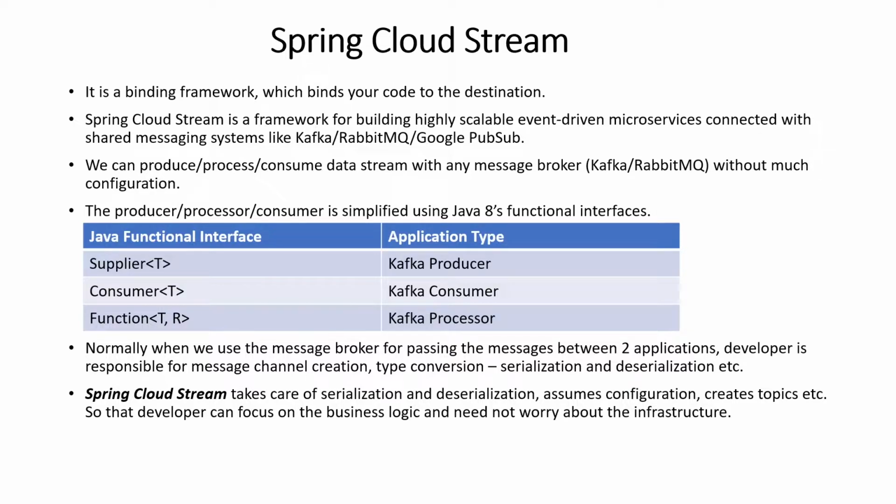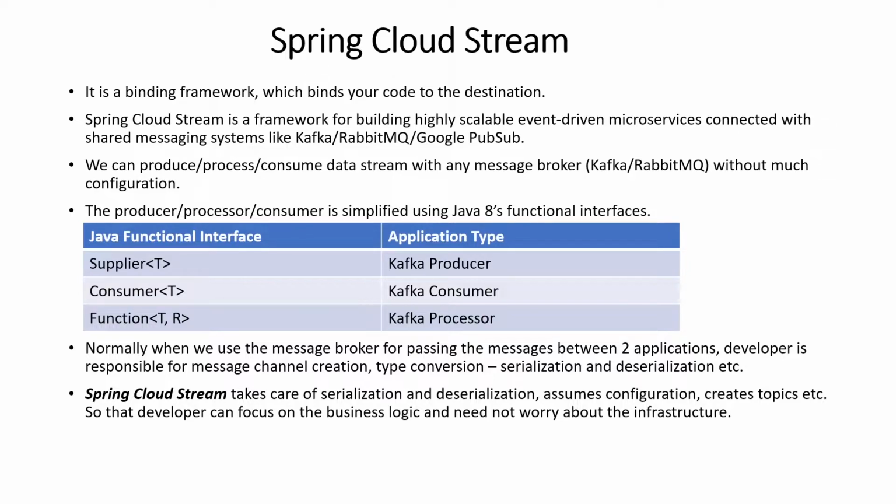Today it might be Kafka, tomorrow it can be Google PubSub, today it is RabbitMQ, tomorrow it might be Kafka, right? So the broker can keep on changing, and based on that, we should not modify our code. There should not be any changes in our code if we are moving from one broker to another.